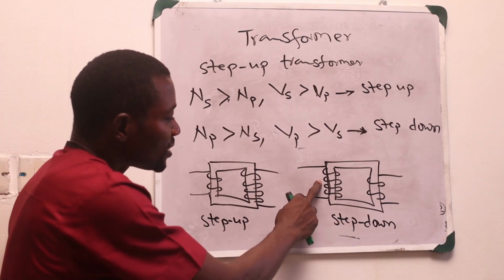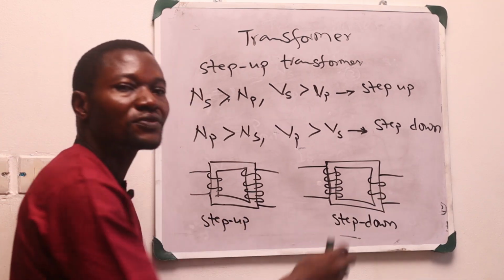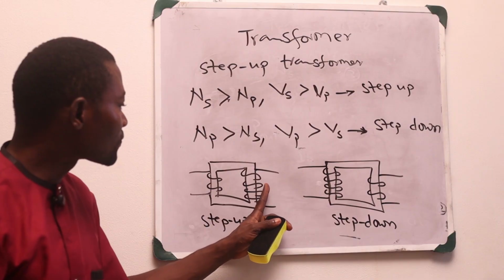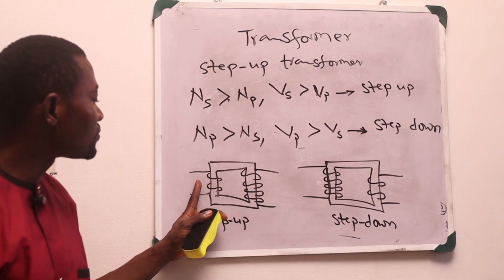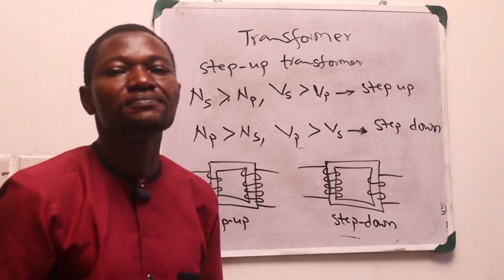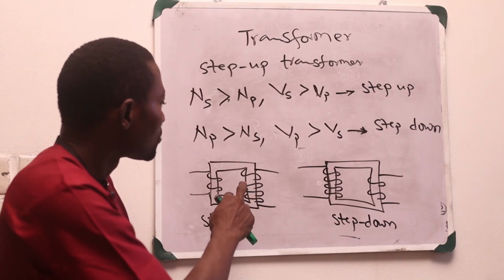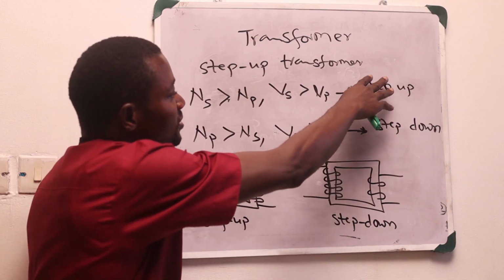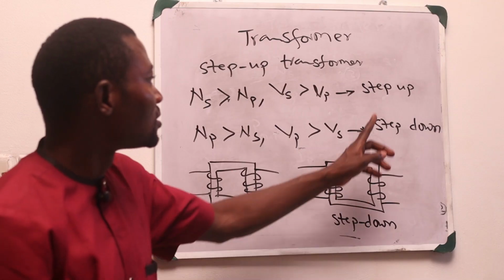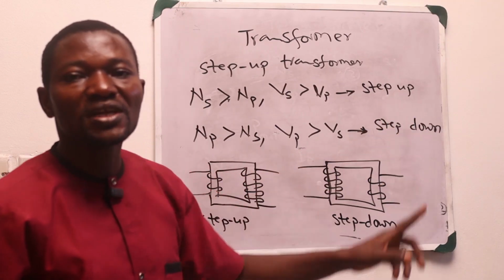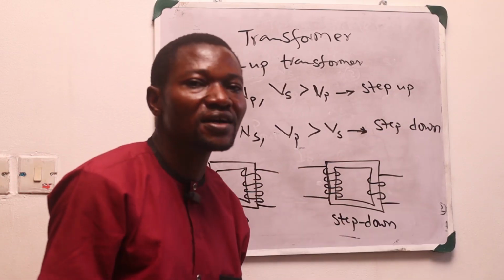The number of turns here you see is far, far greater than the number of turns here. While the number of turns in the case of step-up in the secondary is greater than the number of turns in the primary, and the voltage too is greater. So these are the differences between a step-up transformer and a step-down transformer. When do we use a step-up transformer? When do we use a step-down transformer?